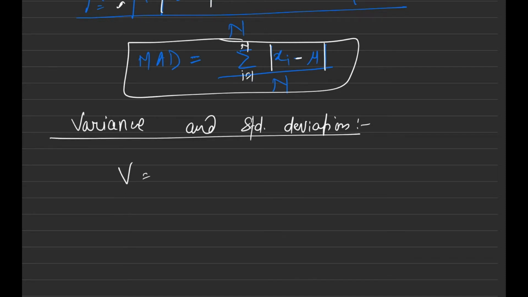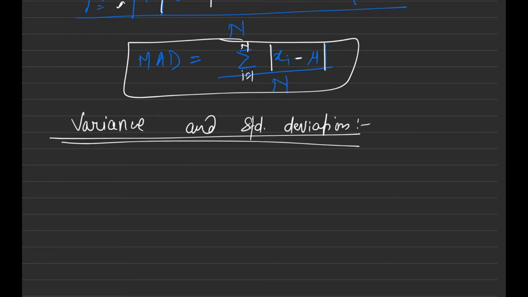Now variance, if it is population variance, we represent it by sigma square, and if it is sample variance, we represent it by small s square. As this chapter is mostly related to population analysis, the descriptive statistics, we'll talk about the population only, sigma, but the formula remains the same.